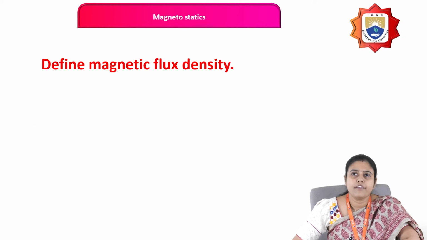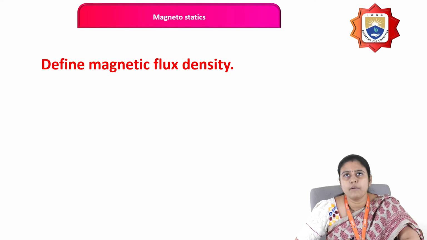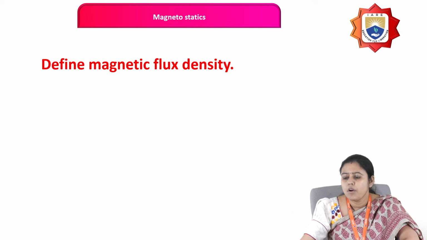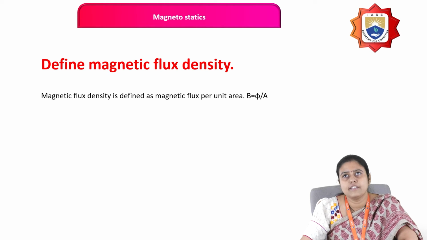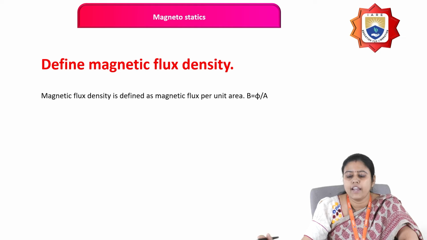After the magnetic field, another topic that comes to our mind is the magnetic flux density. What is the meaning of magnetic flux density? Magnetic flux density is the magnetic flux per unit area.